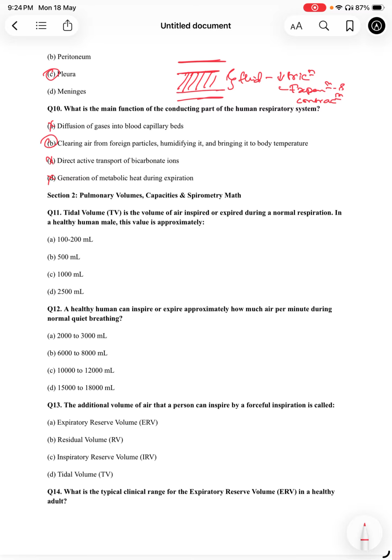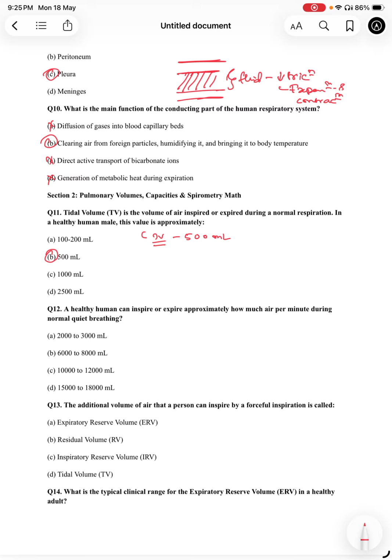It is the volume of air moved during quiet resting ventilation. We should always know in adults there's a standardized value of approximately 500 ml.